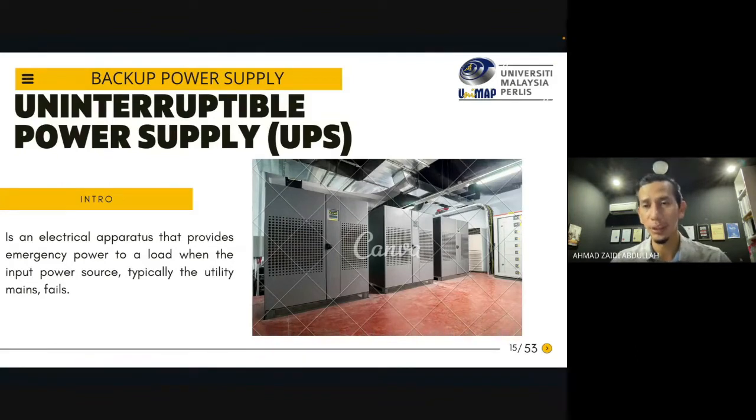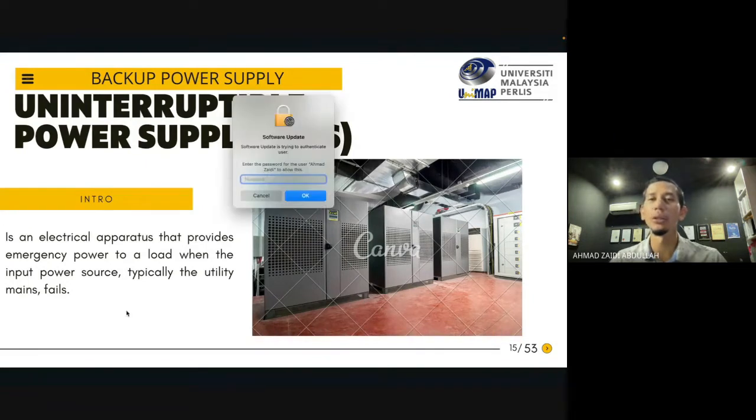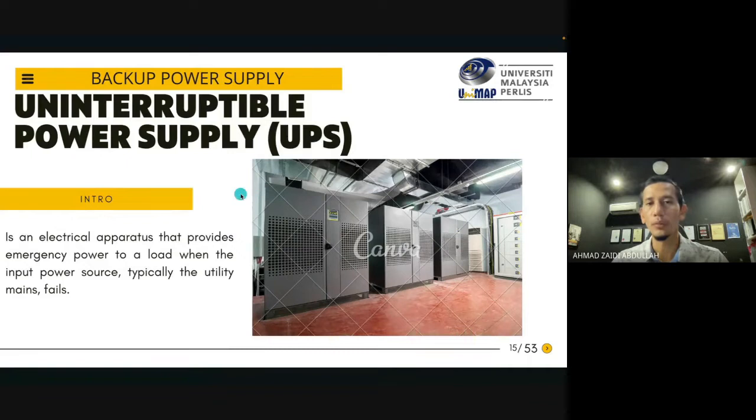Sometimes you do not even know there was a tripping. So like a hospital, normally in hospitals we are very careful about the power supply, especially in buildings like hospitals. And in Unimap, we just care about the server, the ICT unit.